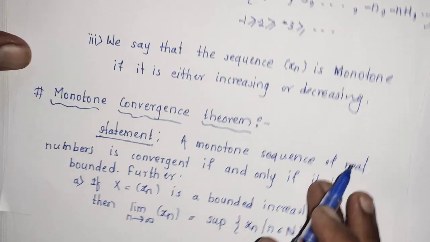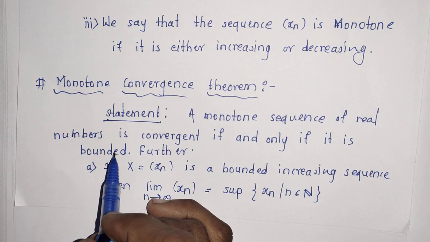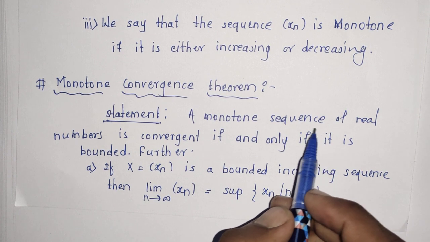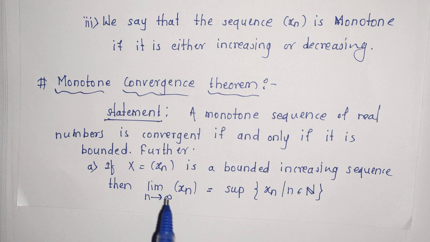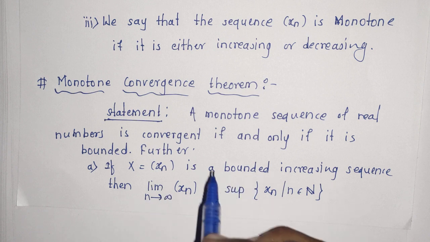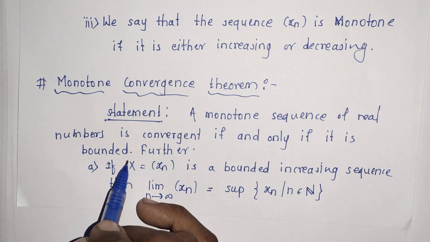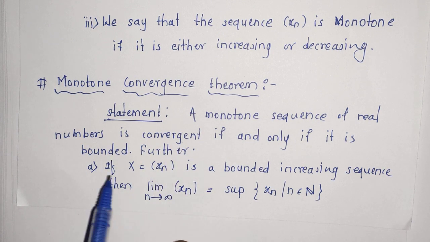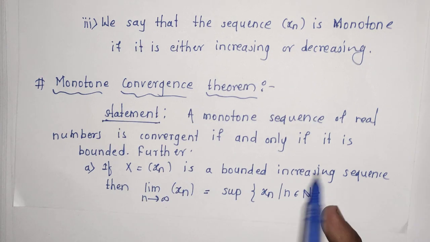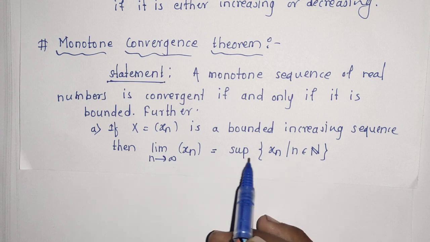So the statement of the given theorem is: a monotone sequence of real numbers is convergent if and only if it is bounded. In the first part we have to prove that if the sequence is convergent, then it is bounded. In the second part, we suppose the sequence is bounded. There are two cases. If the sequence is bounded and increasing, then we have to prove that it converges to its supremum.